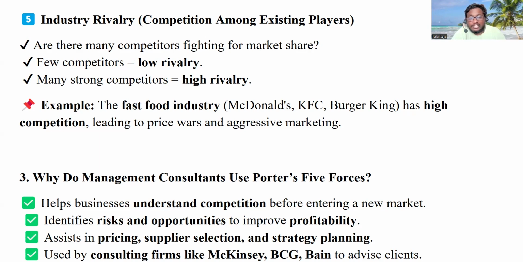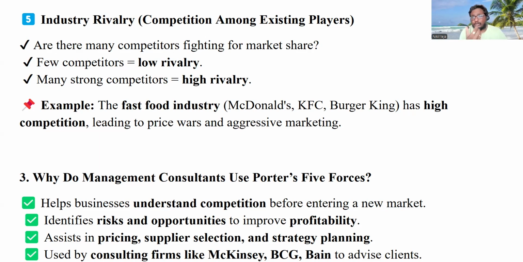Next, it identifies risks and opportunities to improve profitability. As I said before, if I am entering a new market or want to expand into a new market, these five forces can identify the risks as well as opportunities. It also assists in pricing, supplier selection, and strategy planning.